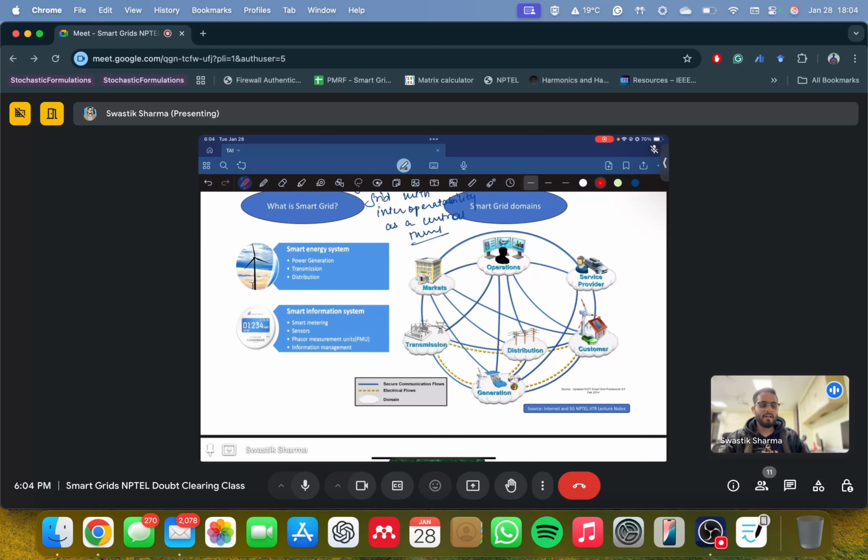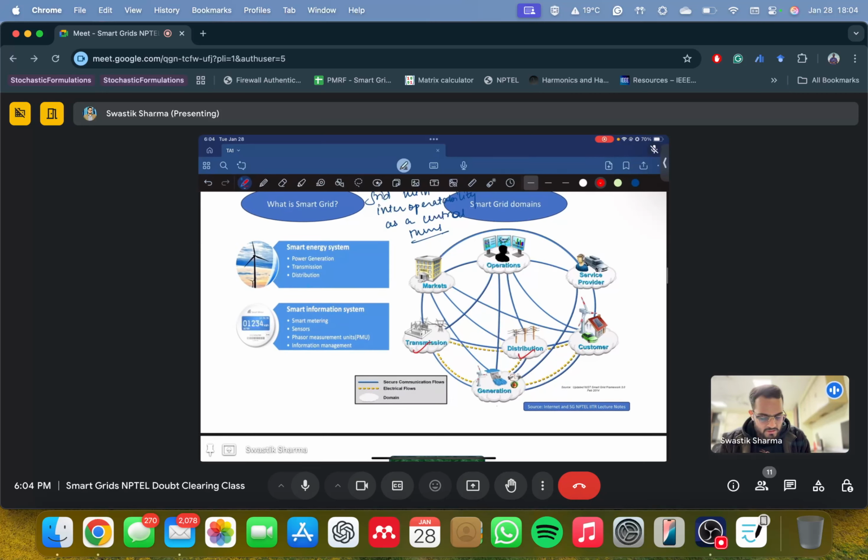And there is information management. So you get this information, but you have to now manage it as well, and send it to the people who are responsible for each and every piece of information they need. This whole thing comes under the smart grid and is dissected into different domains. Transmission, distribution, generation, and customer were already there.